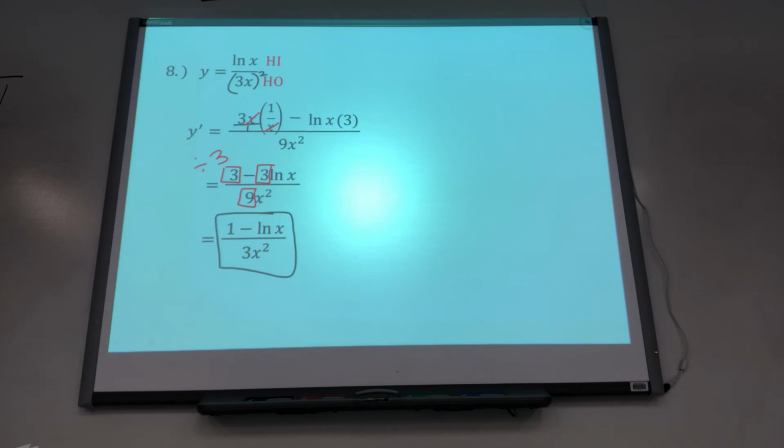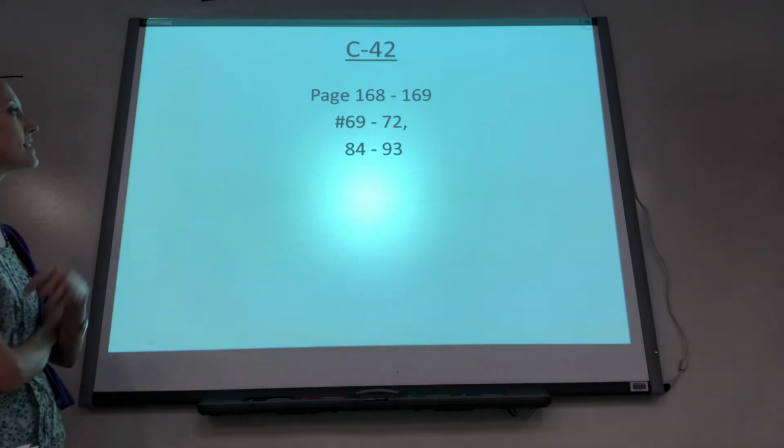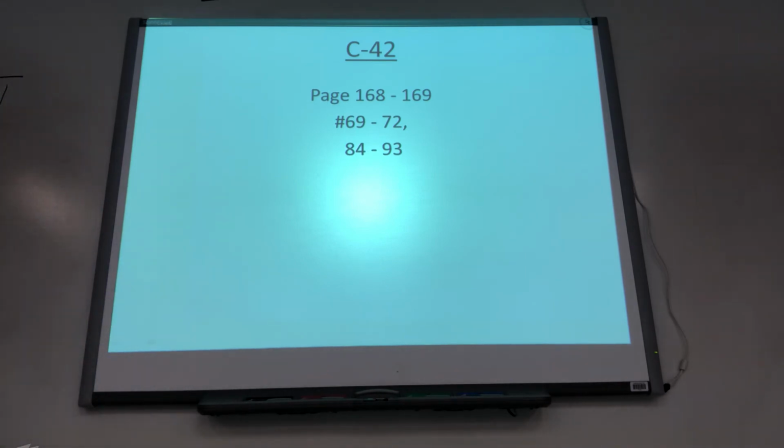All right, so this is C42 here from page 168 to 169. I won't be here tomorrow, but I'm going to leave my answer key out for this assignment. So your job tomorrow is to finish the assignment. If you don't get it done before then, check your answers.